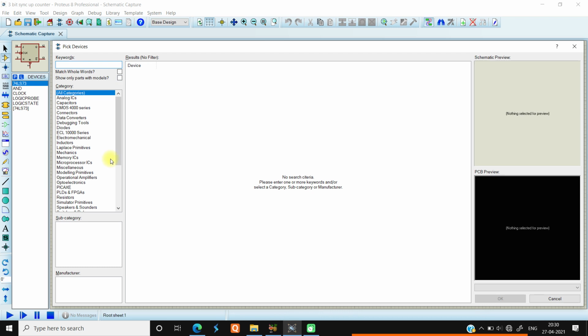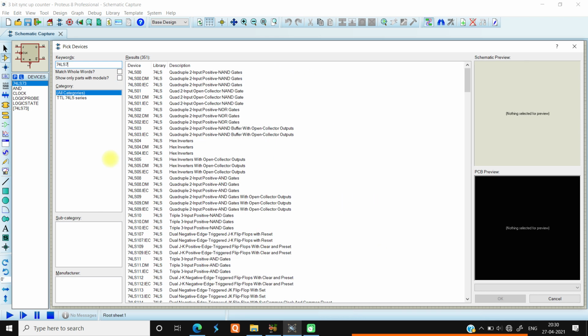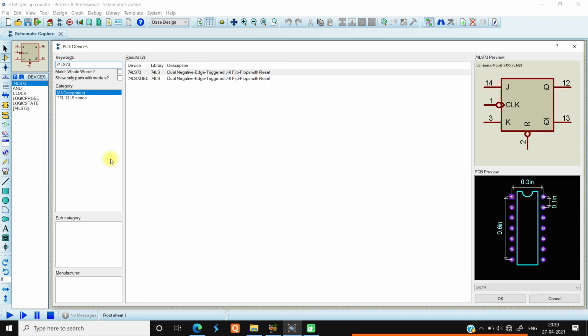Since we are going to use a negative edge triggered JK flip-flop, we can give the number of the JK flip-flop as 74LS73. So 7473 is going to be the JK flip-flop number that we are going to use in our laboratory also. So we can select this particular flip-flop.